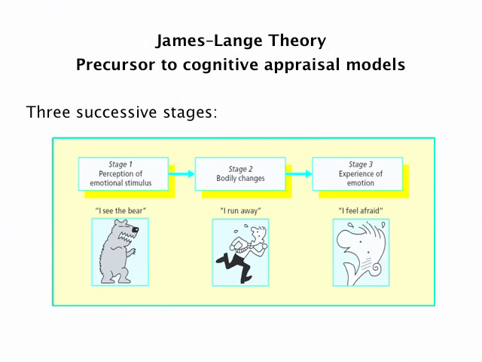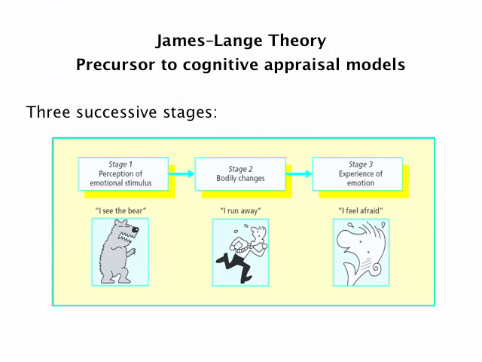So you see the bear coming, and then you find yourself running away with your heart beating and being short of breath, and then you interpret all of those bodily and behavioral changes in some way, and that interpretation is what constitutes the experience of the emotion.